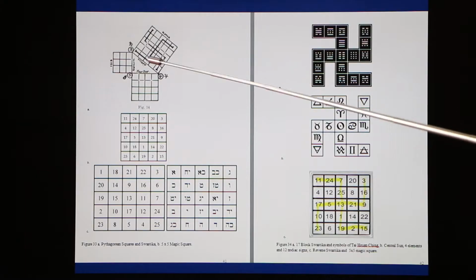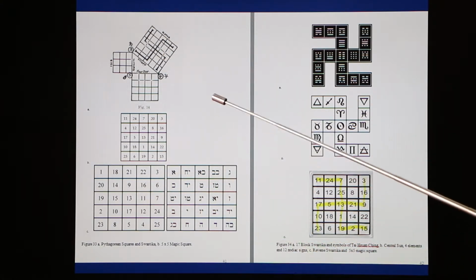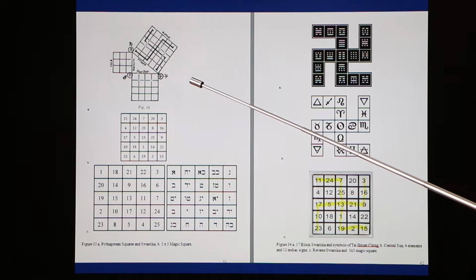So we all learned the Pythagorean theorem. The square on the hypotenuse is equal to the square on the other two sides. Well, as I say, we all know that, but look at this one.